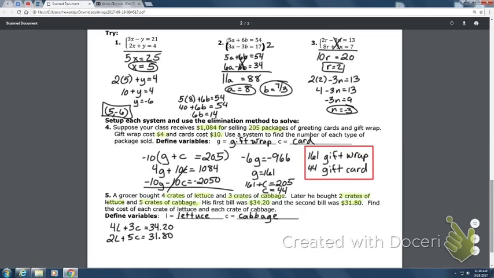Okay, so if I do the L, if this is 4L, I need this to be -4L, so what do I need to multiply the second equation by? -2. So again, I'm going to rewrite the first equation just so that I can have them one on top of each other.